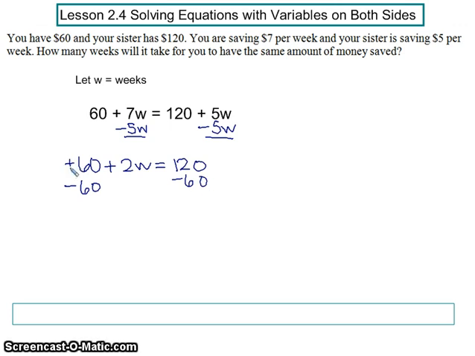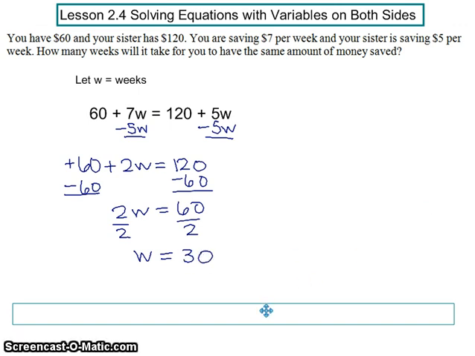And there's an implied positive in front of that 60, so we're going to subtract 60 from both sides. And that gives us 2W is equal to 60, and then we'll divide both sides by 2. So W is equal to 30.